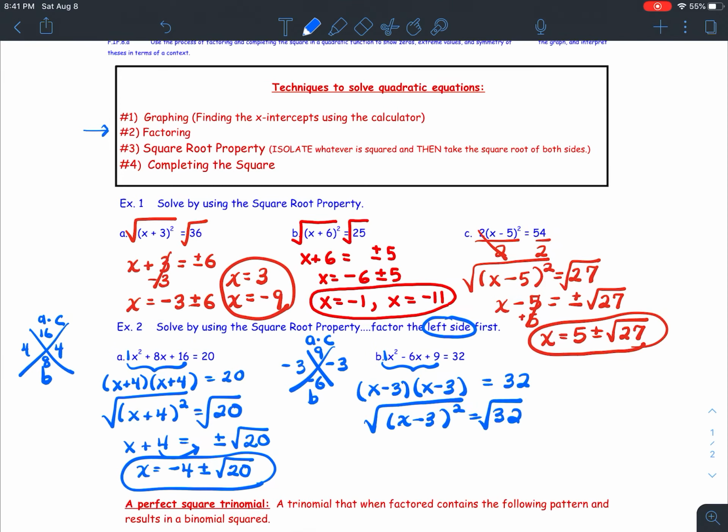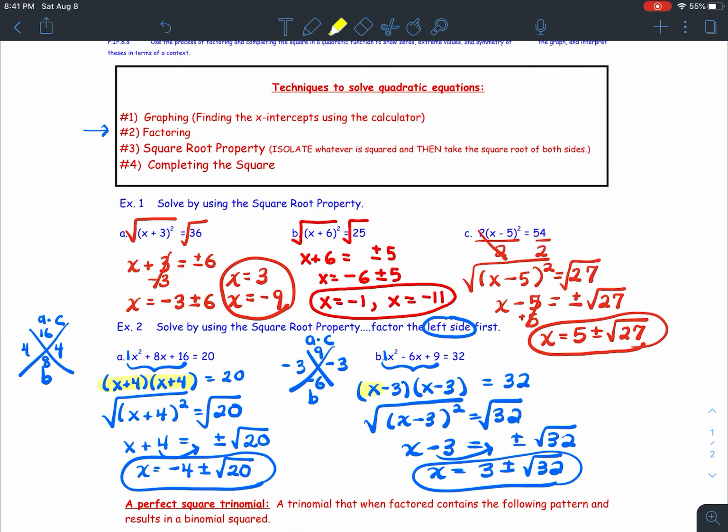It's a duplicate. So I'm going to write this as x minus 3 quantity squared equals 32 and then finish off with the square root property. Okay, again, this is not a perfect square, so I'm going to leave the square root symbol over top of the 32. Then pull the 3 to the other side. That will be my answer.